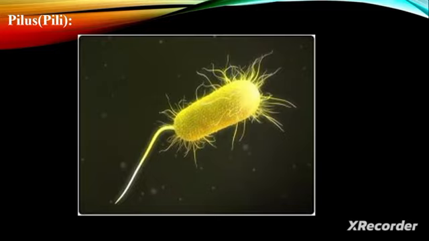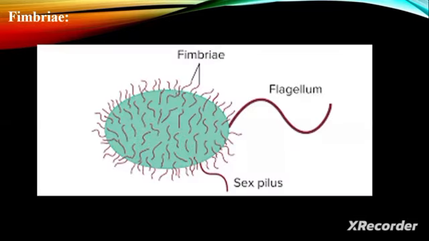Okay, let's talk about another appendage type. It is fimbriae. These are short, numerous, bristle-like fibers blanketing the outer surface.